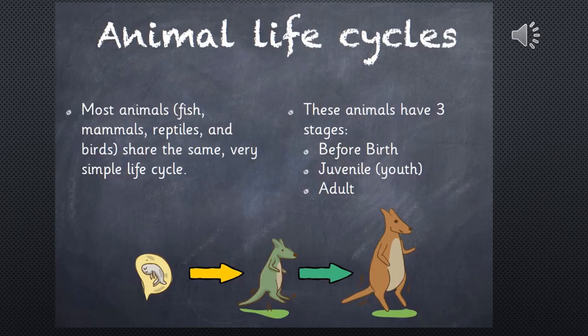So in our last lesson we talked about the parts of a life cycle. Animals, they say, have about three. So we have the before they're born, when they're still inside their egg, or as a mammal inside their adult. Just after birth, then we have the juvenile, and then we have the adult.